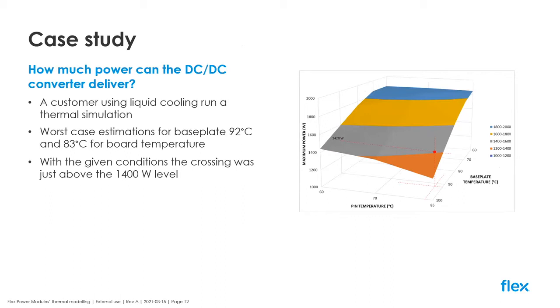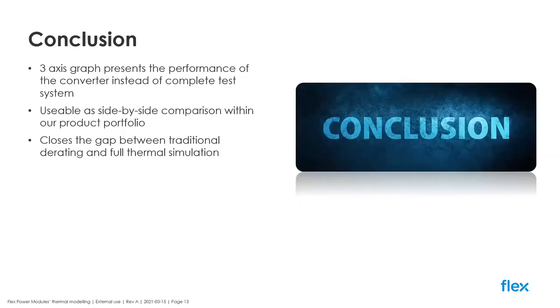By adding a few support lines, it showed approximately 1420 watts without exceeding the maximum component temperature. So even at such challenging conditions, the BMR 491 could deliver above 1.4 kilowatts of output power. And this was a straightforward question, and we think we could find a straightforward answer to it by using this 3-axis graph. And now we have come to the conclusion of this section.